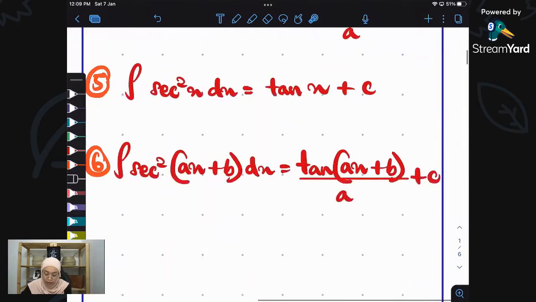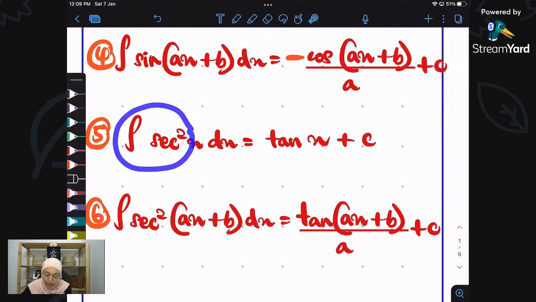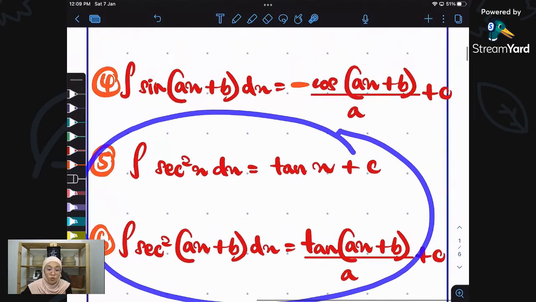Don't believe it? Let's look at the formula. Integrate secant squared is tangent. And both of these are just the same formula.